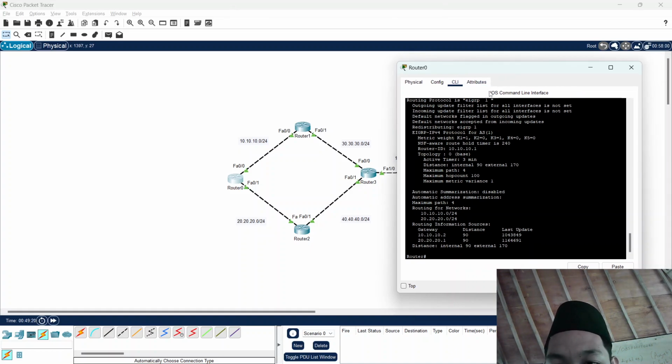First, the metric formula is 10 to the power of 7.